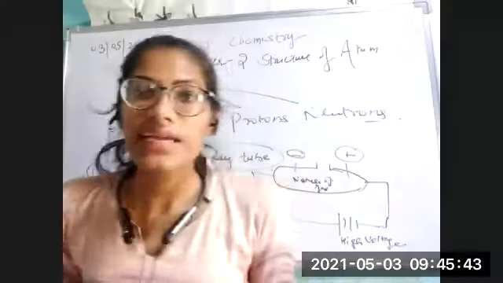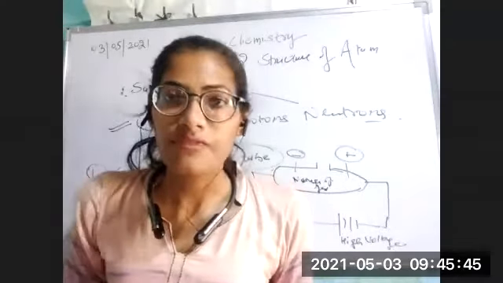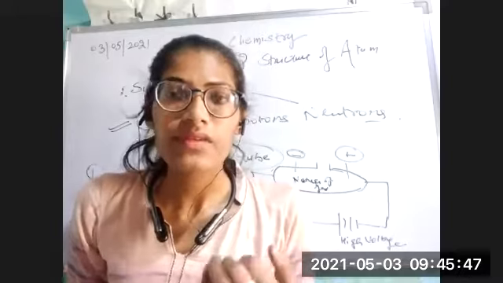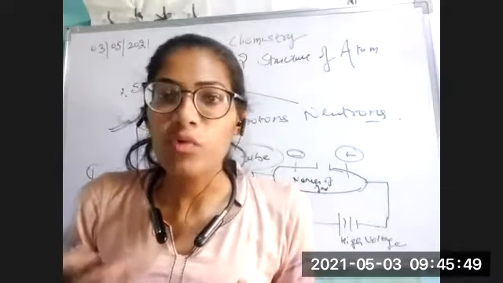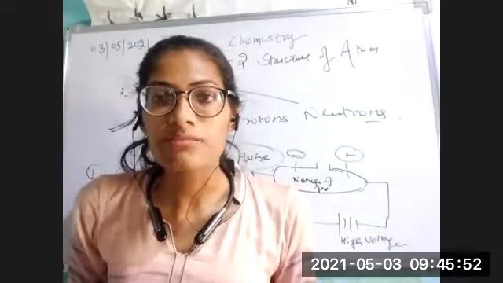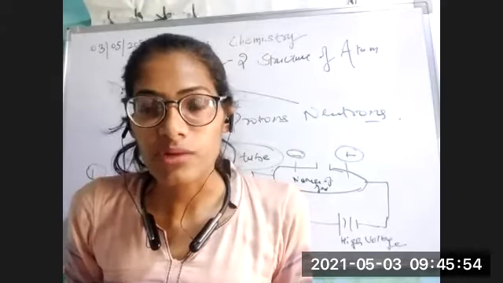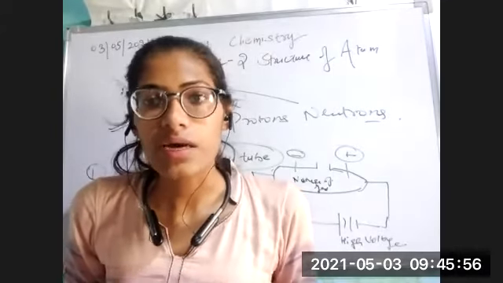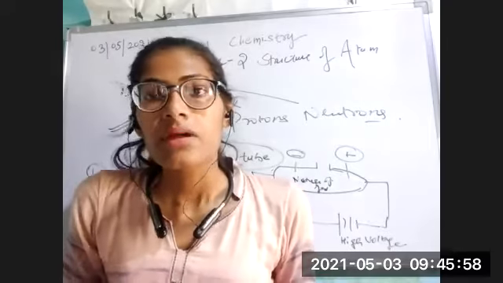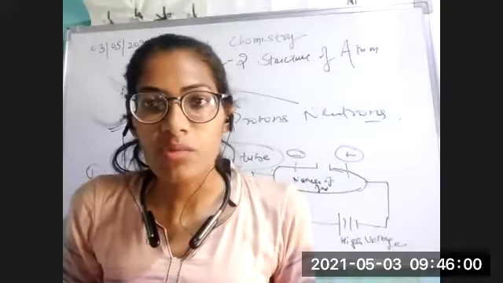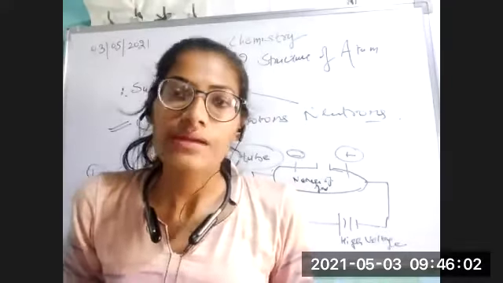Now, when the electron was discovered, after some time, as we kept moving deeper into our chemistry and our research, we came to know about further subatomic particles like the proton and neutron.